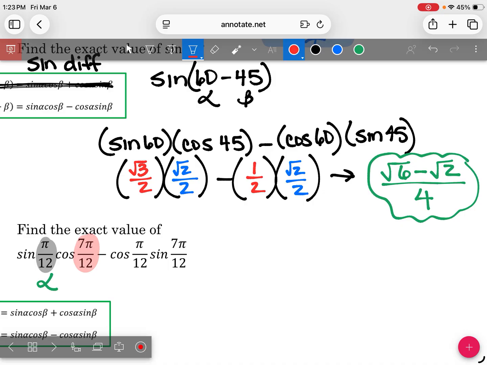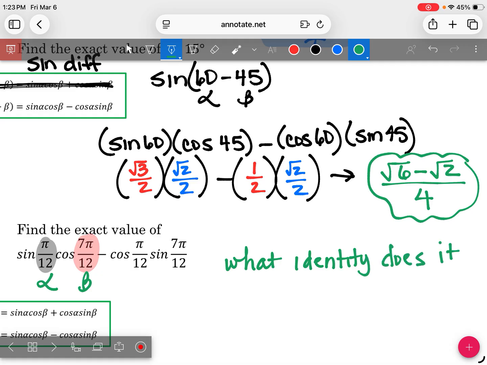So now that we know that, we need to figure out what identity, just like the last one, what identity does it follow? Does it follow sine sum or sine difference?